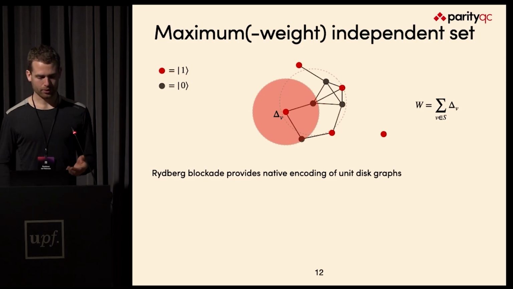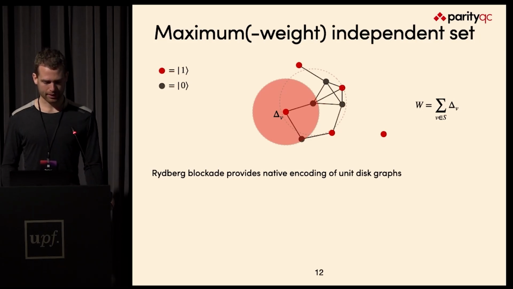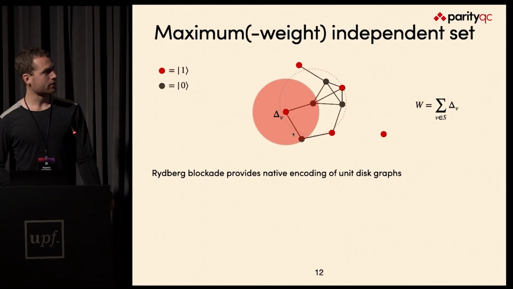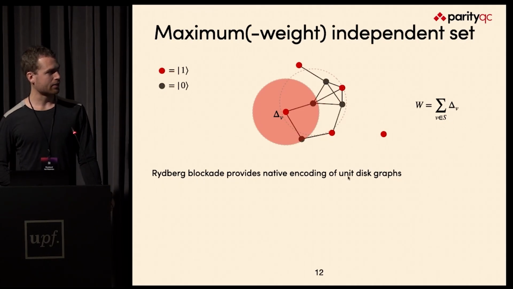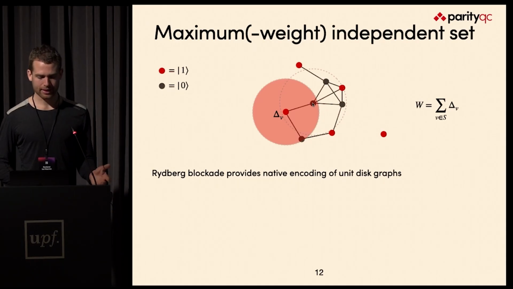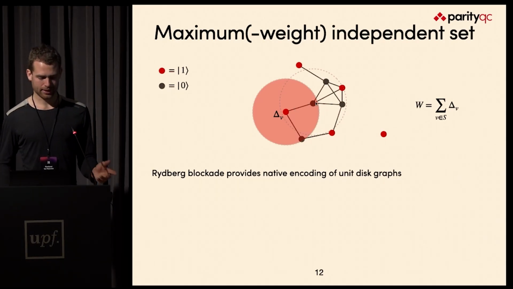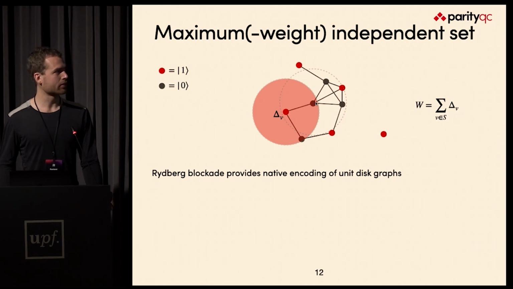And so if you now want to implement one of these optimization problems with Rydberg atoms, then this maximum weight independent set is a very natural candidate, especially if you have a unit disk graph, which means a graph where you have edges exactly if nodes are within a certain radius, and no edge if the nodes are not within a certain radius.